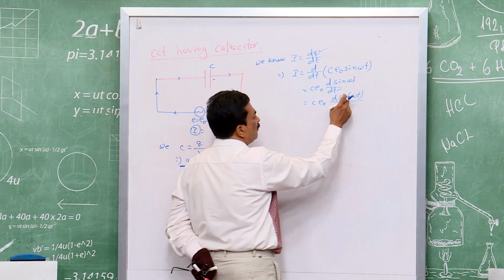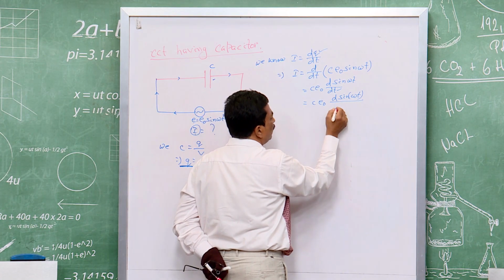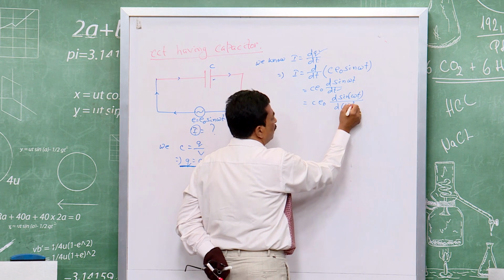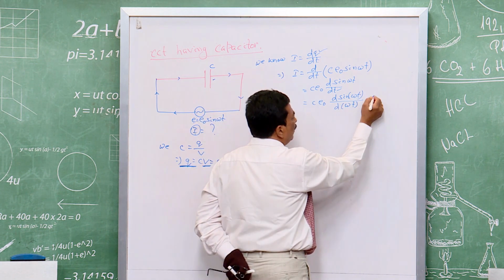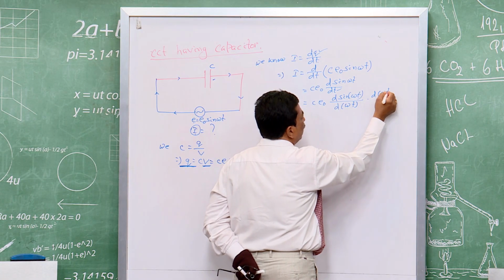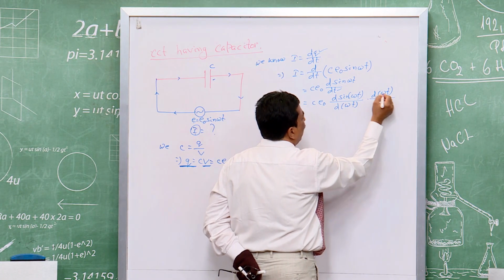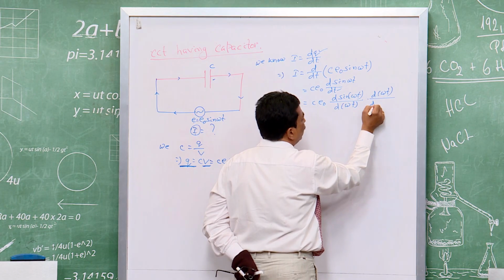So with the same function of sin, we have to differentiate it, with respect to omega t, and then we have to give another d omega t.